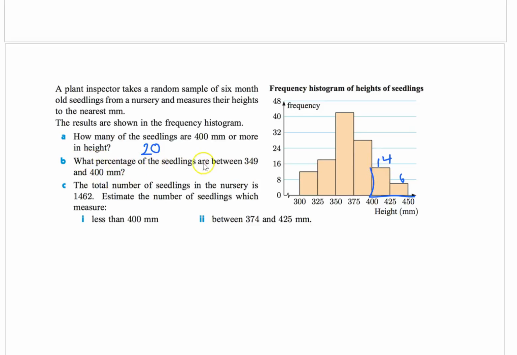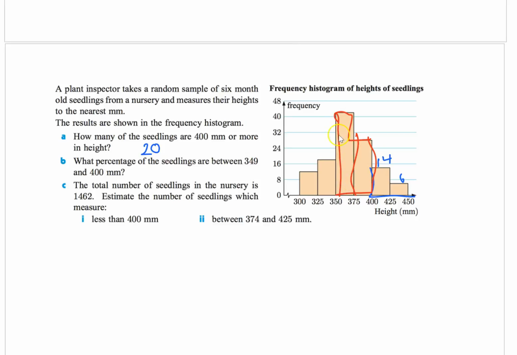What percentage of seedlings are between 349 and 400? So they want to know how many are between 349, which is essentially 350, and 400. So these data sets. My bad drawing. Wow, that's terrible. But anyway, what percent of seedlings are between 349 and 400?